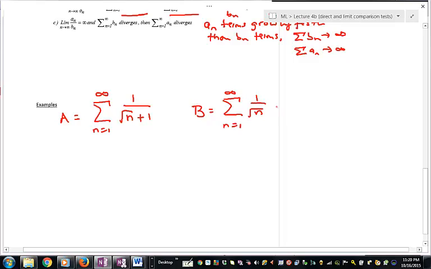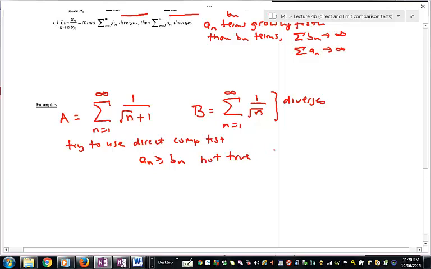I know that this diverges, right? But notice that the inequality is going the wrong way. So if we try to use the direct comparison test, we can't, because a direct comparison test requires an to be greater than or equal to bn. And we don't have that. This is not true.